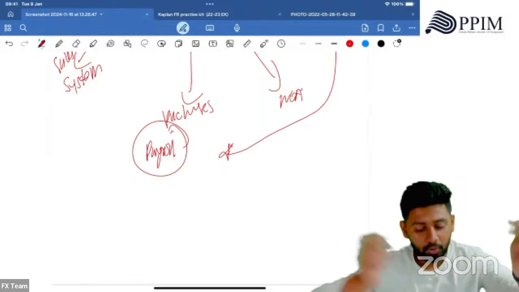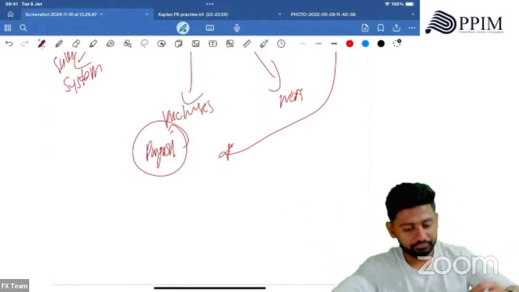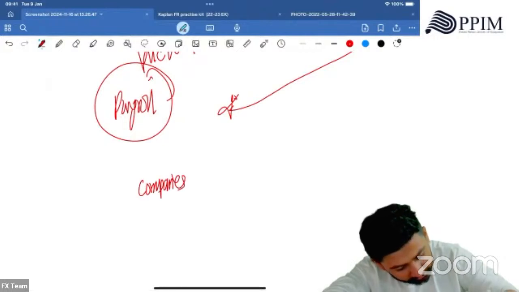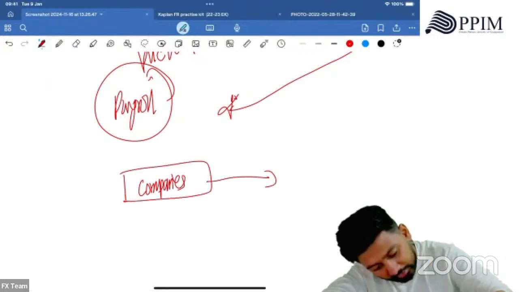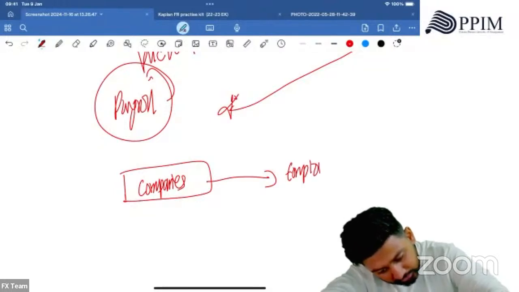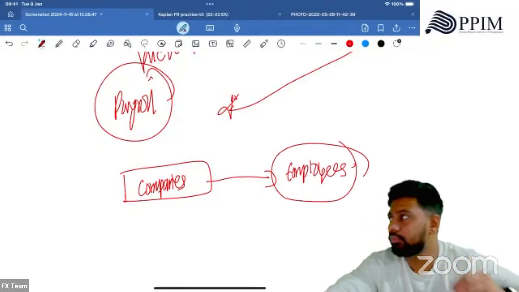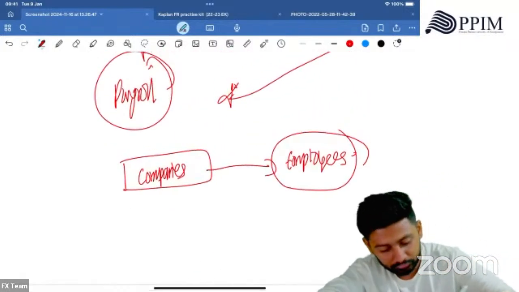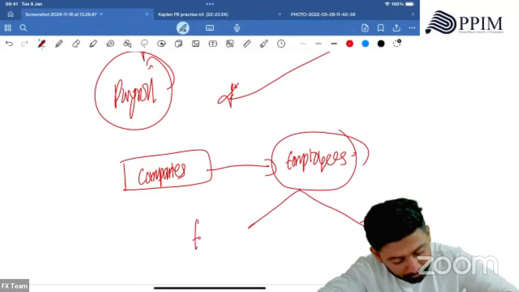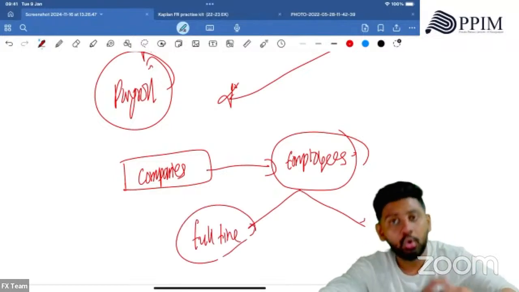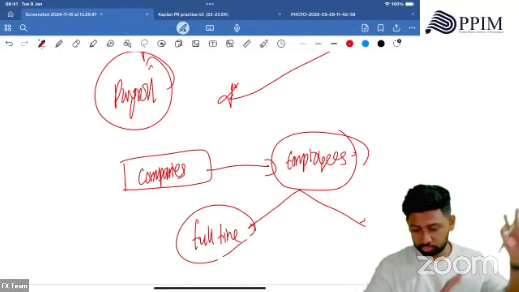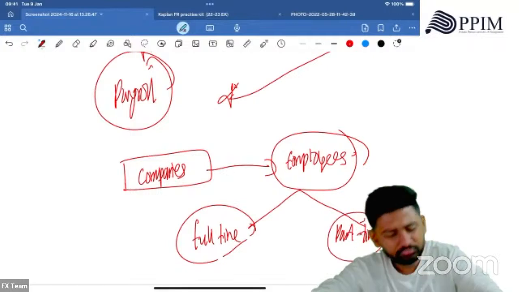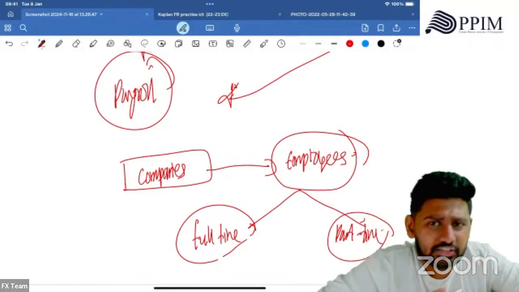Now, when you take a payroll system, companies obviously have employees, but employees can either be full-time or part-time. Full-time employees are part of the company throughout. Part-time employees join whenever work is required.